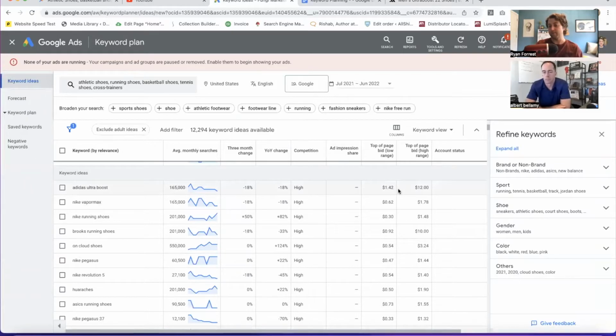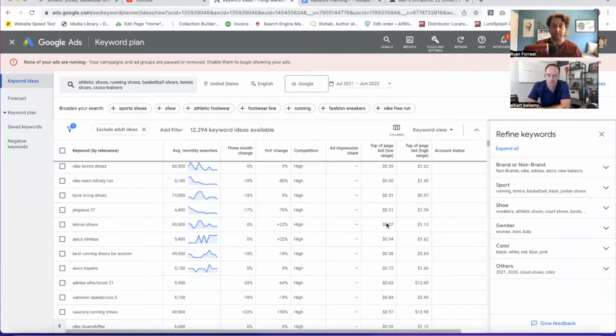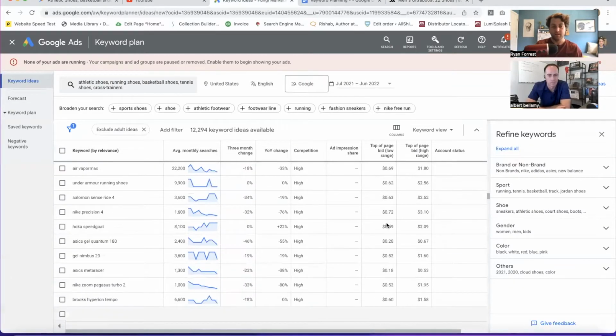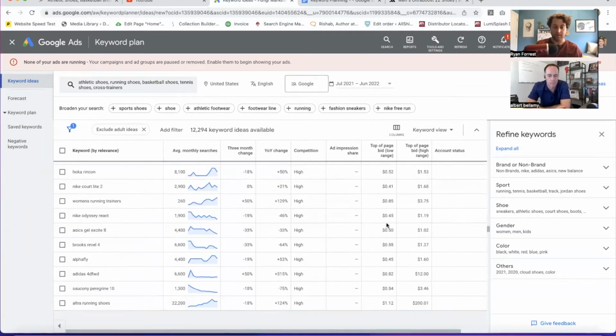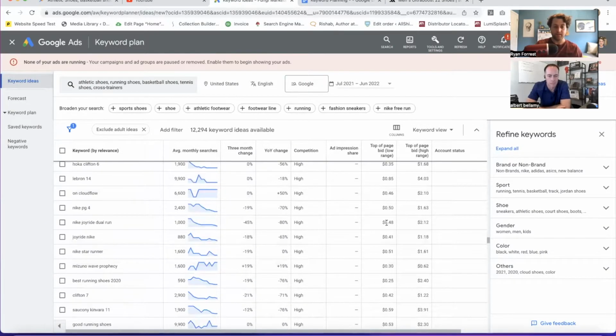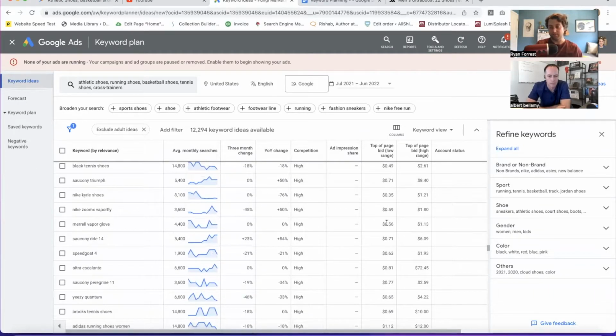They paid somewhere between $1.40 and 12 or 13 bucks for that click. But you'd want to expand on this, and there's probably hundreds, if not thousands, of potential keywords down in here. You wouldn't necessarily need to search through all those to find the ones that you'd want to target.